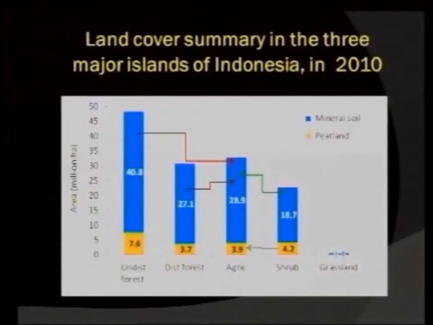And this is what we have in our land cover reserve. It's again in the three major islands, and the undisturbed forest is around 47 million hectares, and the disturbed forest is around 32 million hectares.